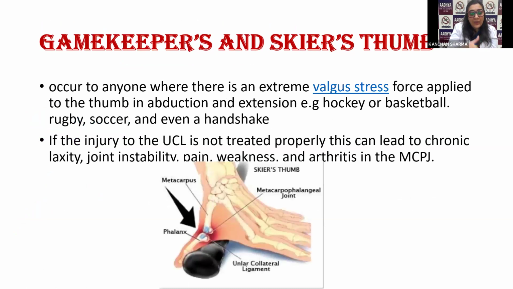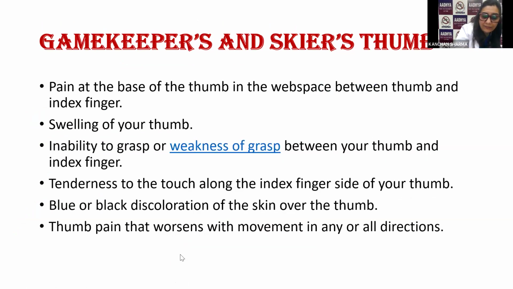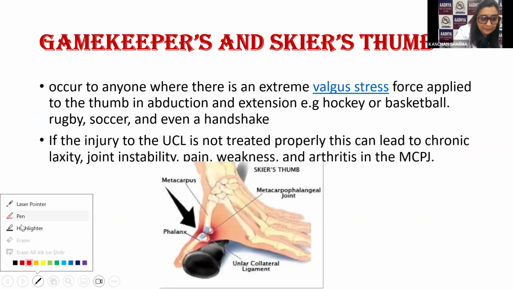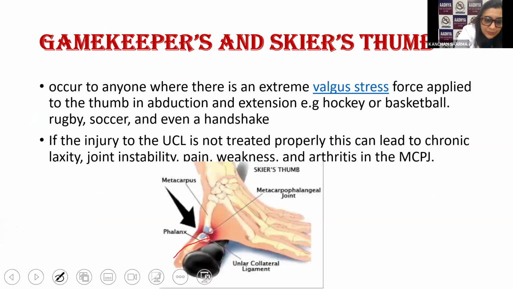Now, how exactly is the injury happening? You can see here, if I am landing like this, in this position, the whole of my pressure will be going to the ulnar collateral ligament.